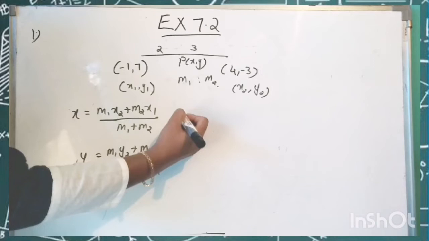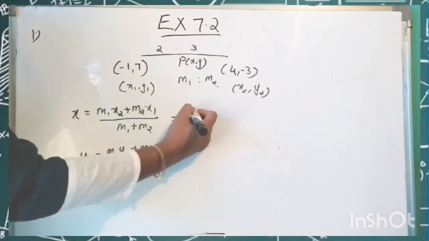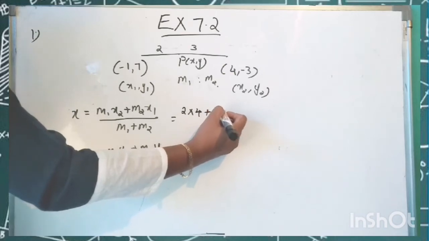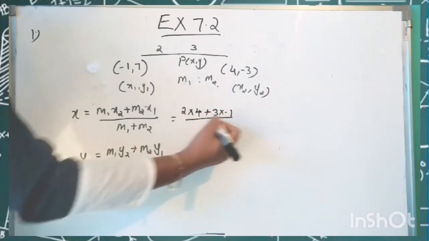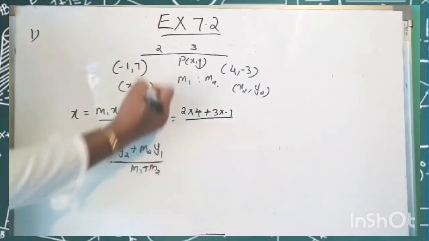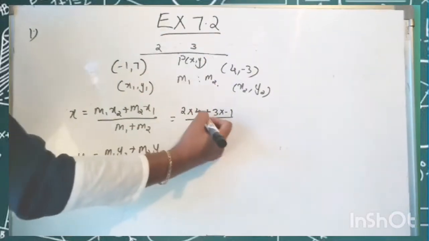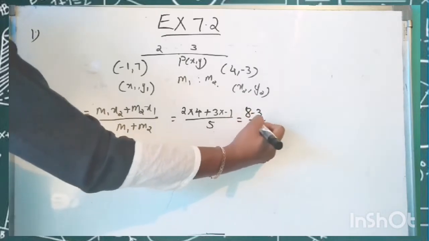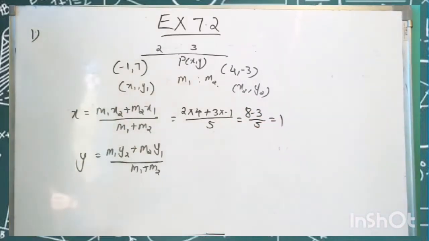Then we will have x is 2 into 4 plus 3 into minus 1 divided by m1 plus m2, that is 2 plus 3, 5, is equal to 8 minus 3 divided by 5, is equal to 1.